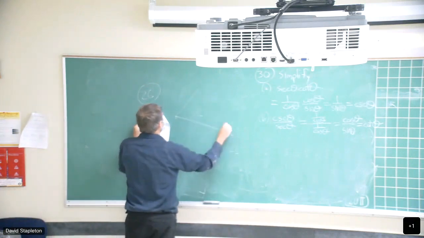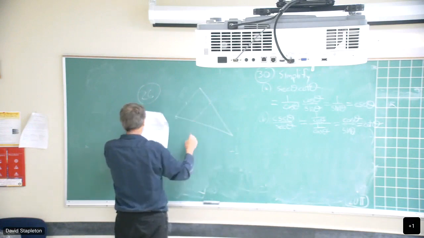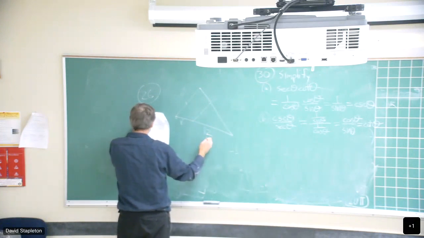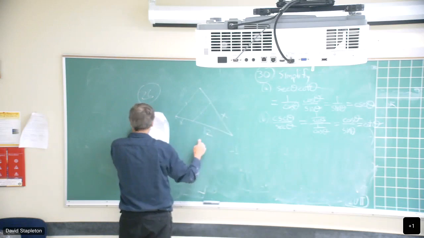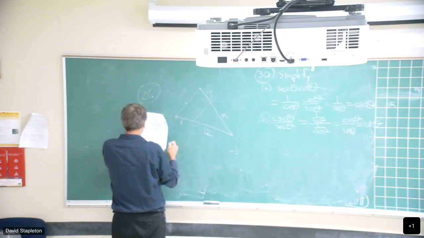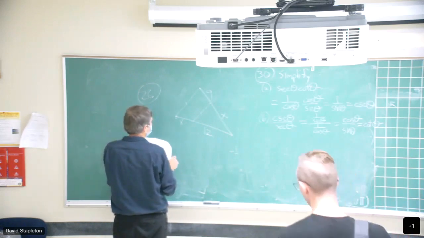26 is this picture. These two are parallel, this one and this one. This is 8, 12, x, 9. Find x.